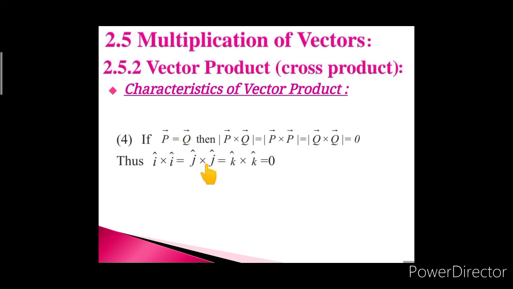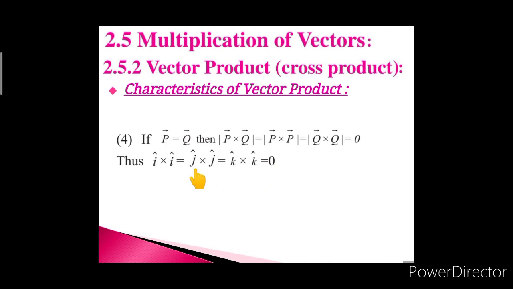Then we can say that when i cap cross i cap is taken, the angle between the two unit vectors along the x axis is 0, so the value will be 0.